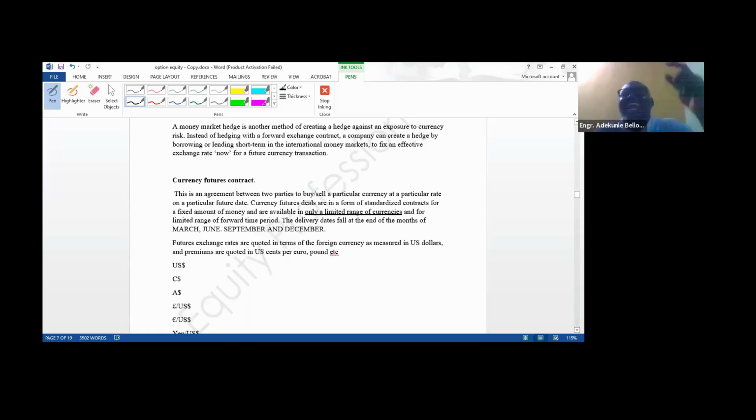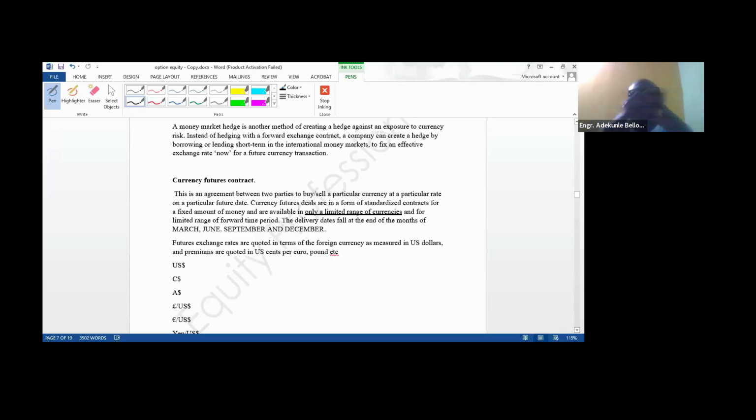The currencies that can operate at the currency futures markets are United States dollar, Canadian dollar, Australian dollar, British pound sterling, euro, Japanese yen, and Swiss currency.